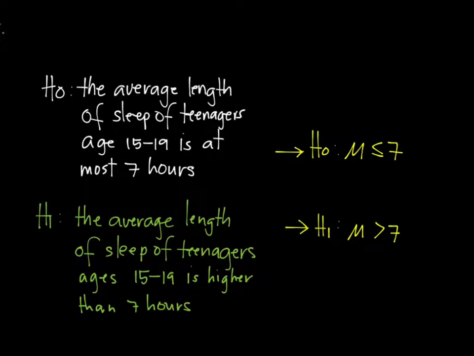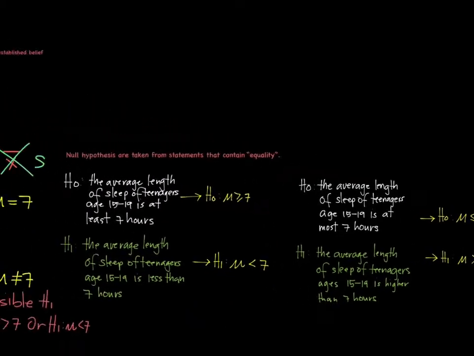Then if there is a community or a group of students that feel like it's not at most 7, they are still sleeping more than 7 hours, then the alternative hypothesis that will challenge the known belief is that mu is greater than 7. As we can see, the average length of sleep of teenagers ages 15 to 19 is higher than 7 hours. And that's how you set your null and alternative hypothesis.